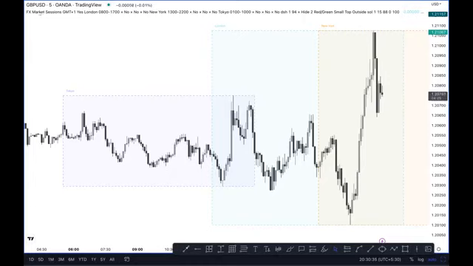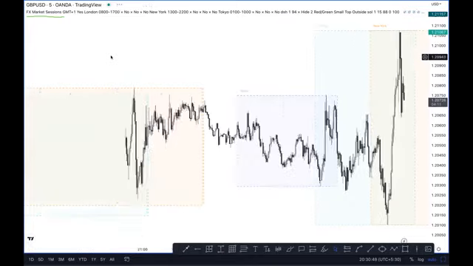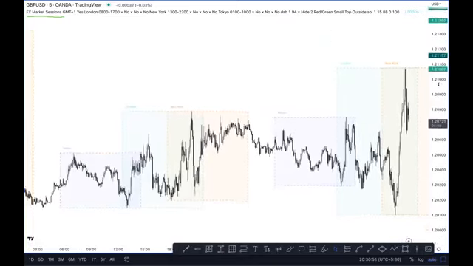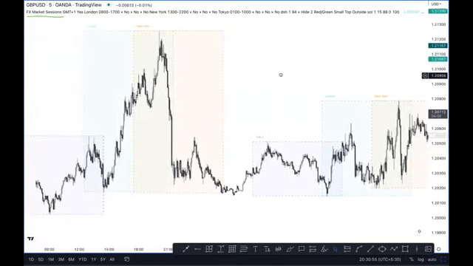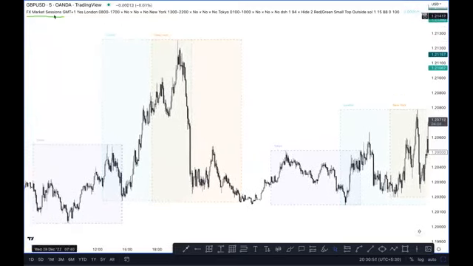You can use this indicator, FX Market Session, right? This is a free indicator. You can search on TradingView, then you can apply it on your chart. Every session looks very clear and sharp. Okay, FX Market Session, and there are a lot of session indicators, so you can use any other. It's up to you which indicator is suitable for you.